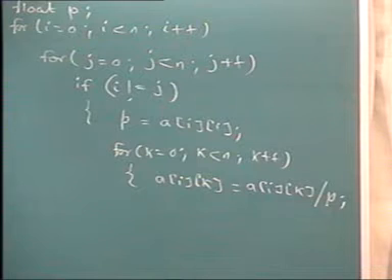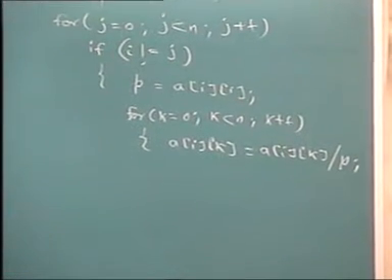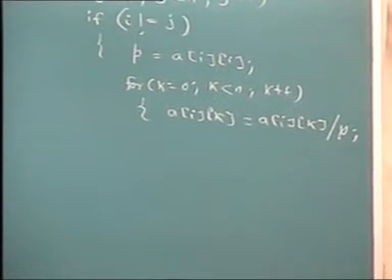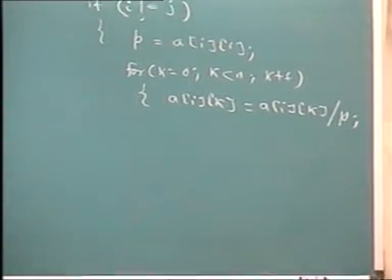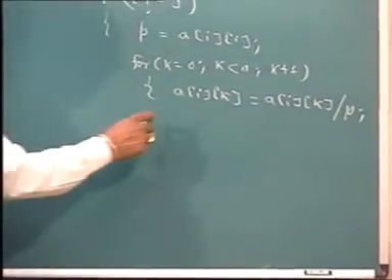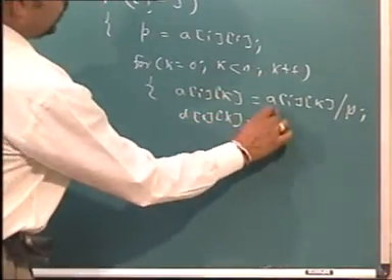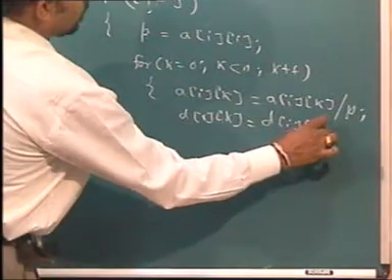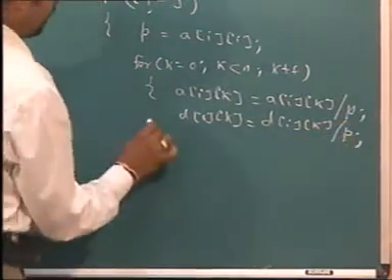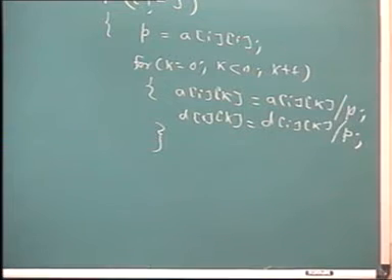But the same operation should be performed on matrix D also, that is the identity. Whatever operations you perform on matrix A to reduce it to identity, the same operation should be performed on the identity matrix. So I will require D of ik equal to D of ik upon P. One operation complete. Now the diagonal element is surely 1.